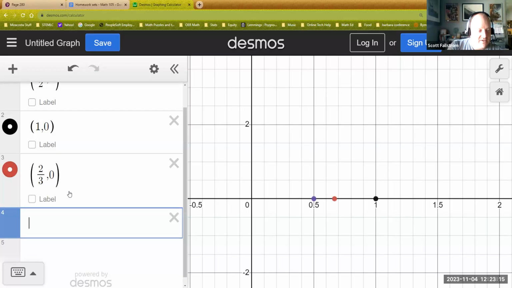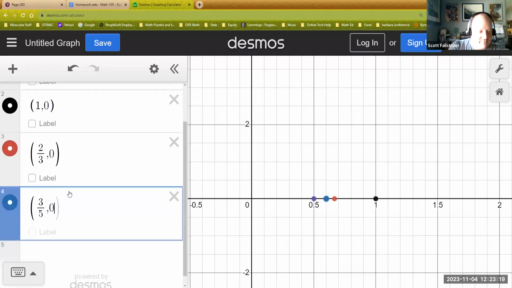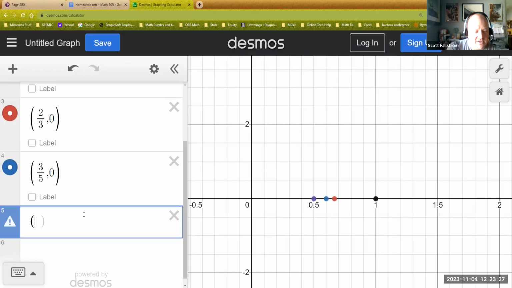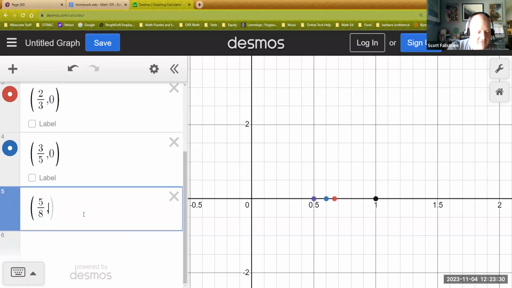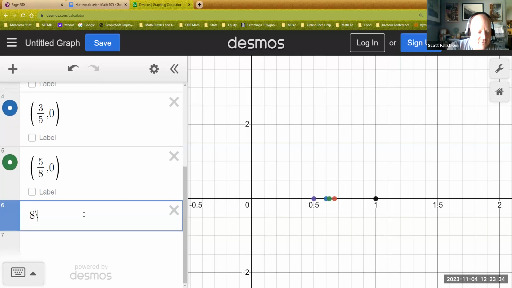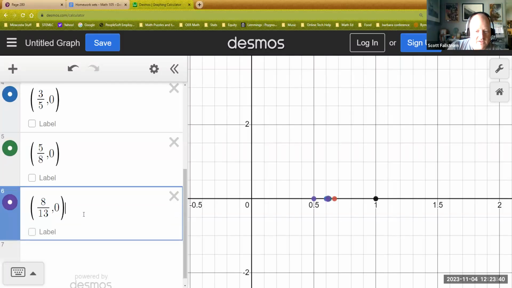The next one would be 3/5. And what I want you to see is we're kind of bouncing back and forth, but we do seem like we're getting closer and closer to something. Let's try the next one. It'd be 5/8. And then the next one would be 8/13. And so you can see I am getting closer and closer.